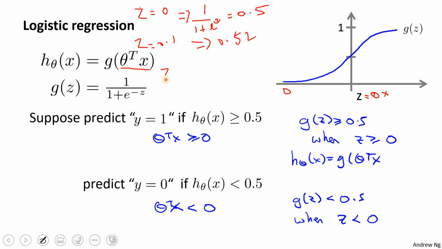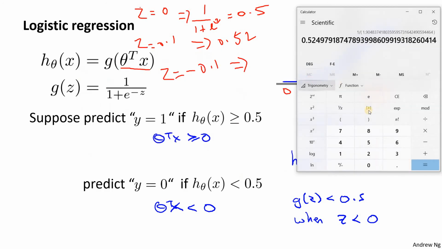And in the last case, when z is a little negative. I showed you a little positive value, but it is the same thing. When z becomes very high, the h value will be much higher than 0.5. So when z is a little less than 0, the h value will be how much? Let's calculate again.